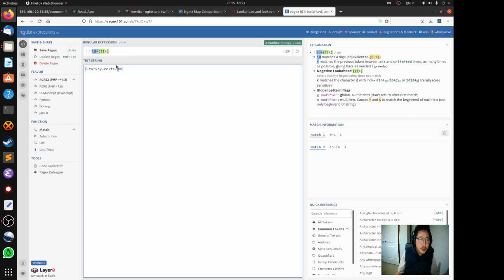And it's saying you will look ahead from that position to test if there is a character that is not the euro sign. This one qualifies, this one qualifies, but this one doesn't.